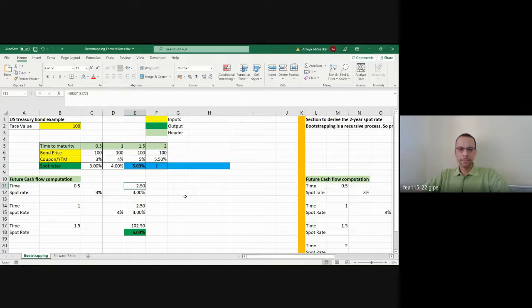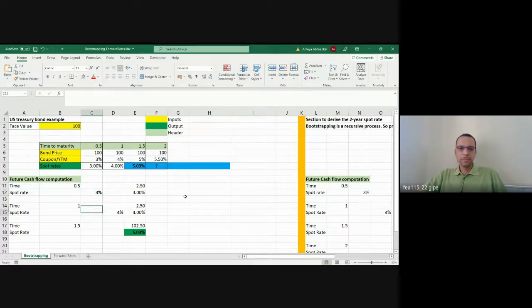Now, my idea is to calculate what the spot rate is for 1.5. That is, imagine I'm trying to calculate Z 1.5, where Z is the unknown spot rate for the 1.5 year tenor. I have the first two spot rates which are directly available to me. So 3% and 4% is something which I can directly use, because these are the same spot rates which I already have in my possession.